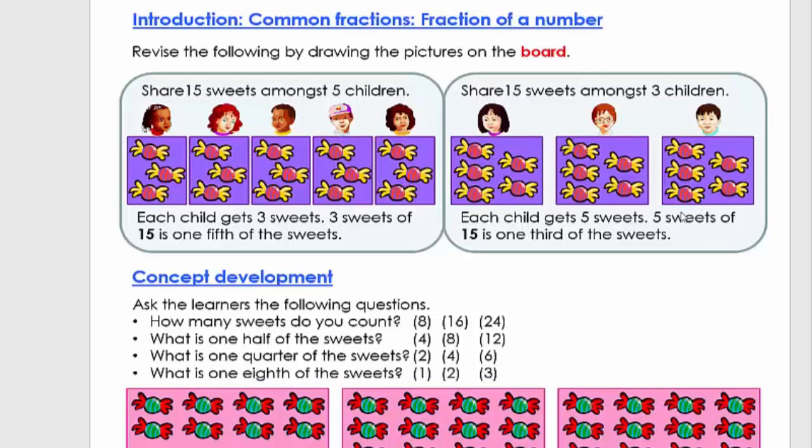So how will I explain it? 5 sweets of 15 is 1/3 of the sweets. Now you can ask them back, what is 1/3 of 15 sweets? What is 1/5 of 15 sweets? I want you to pause and ask similar questions.